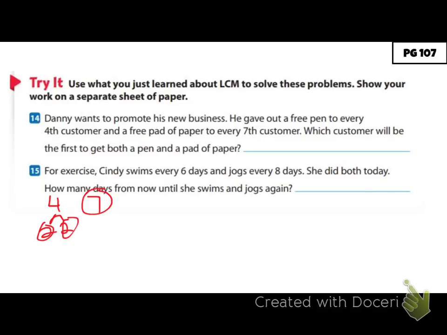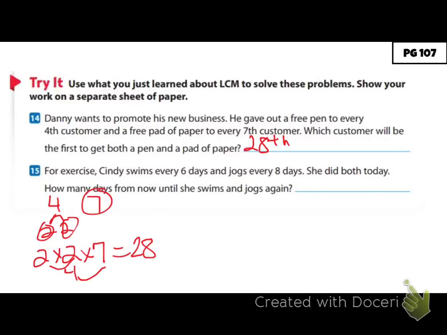So I don't have anything in common between my 4 and my 7. Since I have no matches, I bring down all my leftovers, which means I multiply all my numbers together. 2 times 2 is 4. 4 times 7 is 28. So our 28th customer will be the next person that gets both a pen and a pad of paper.